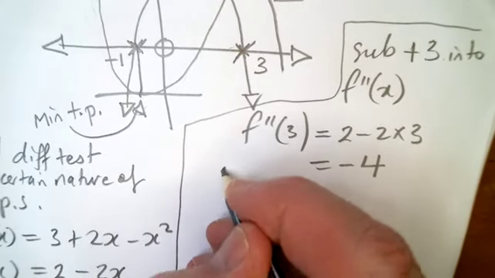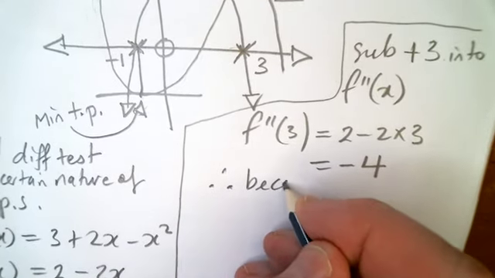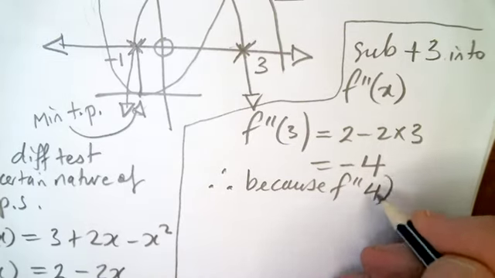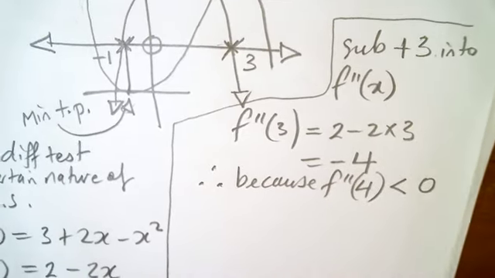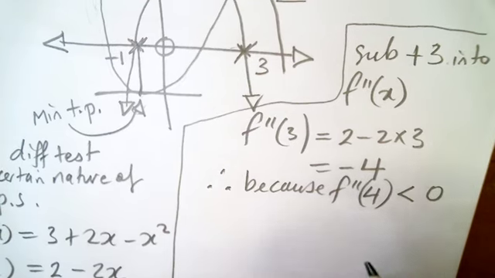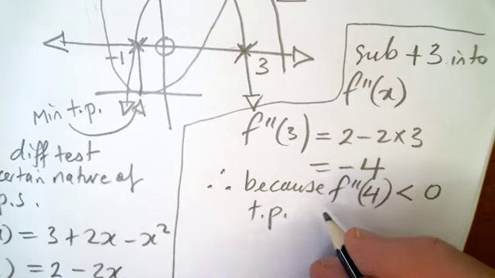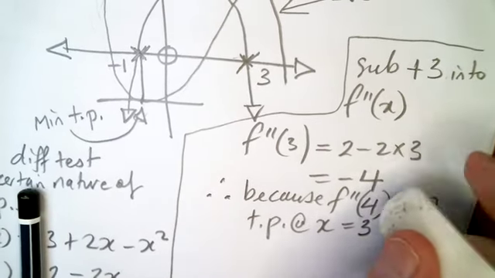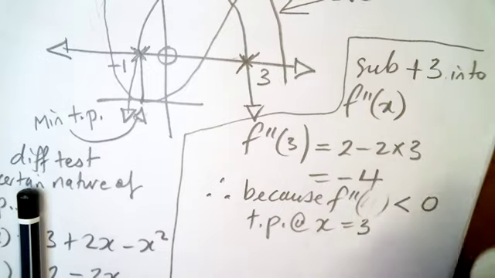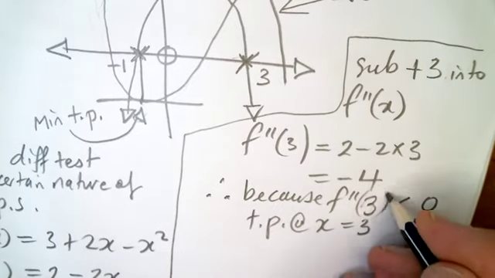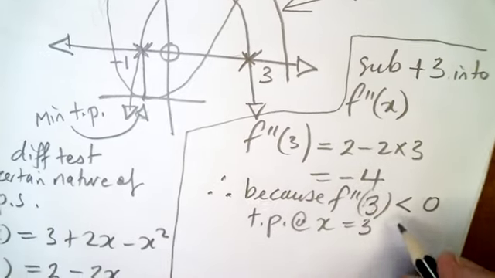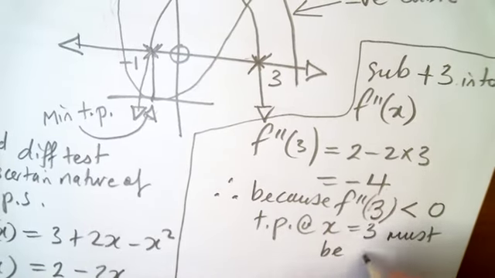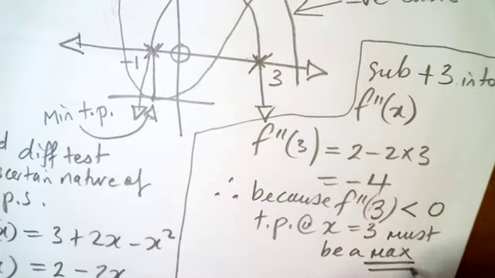And therefore we can say, because f double dash of 3 is less than 0, the turning point at x is equal to 3 must be a maximum. Oh, wait, that's a 3, sorry. Just copying a 4 into there. We want a 3, don't we? Because it's the 3 here.